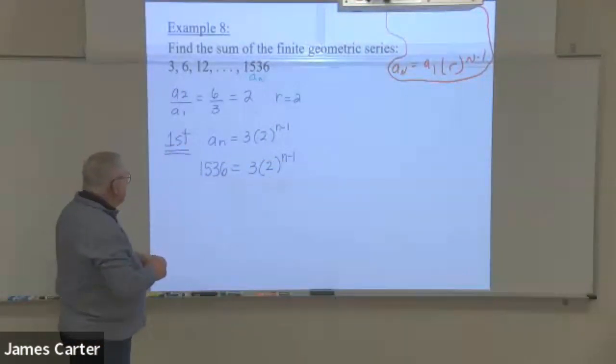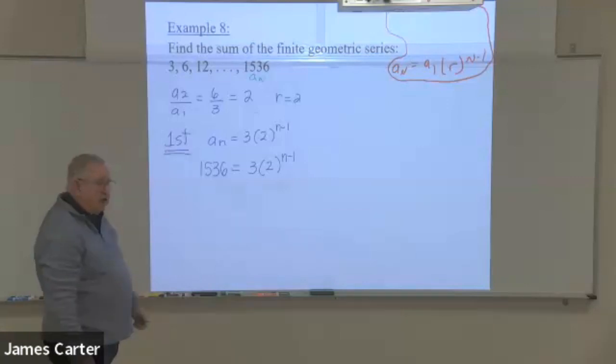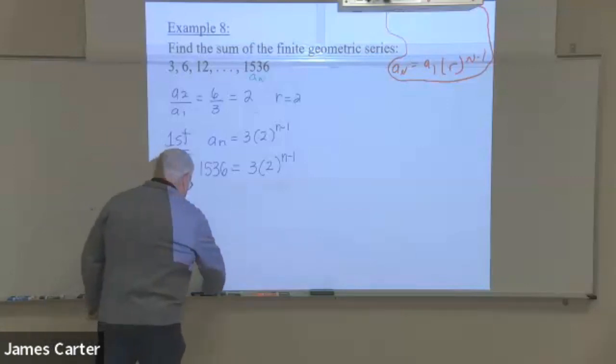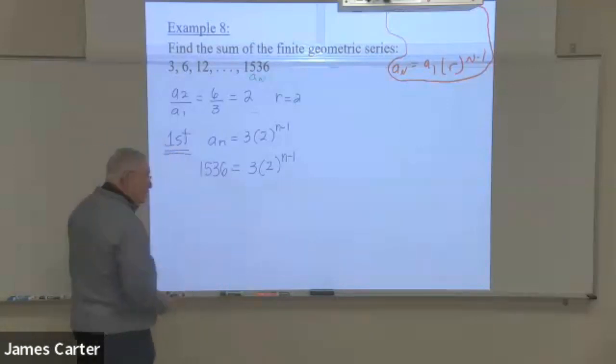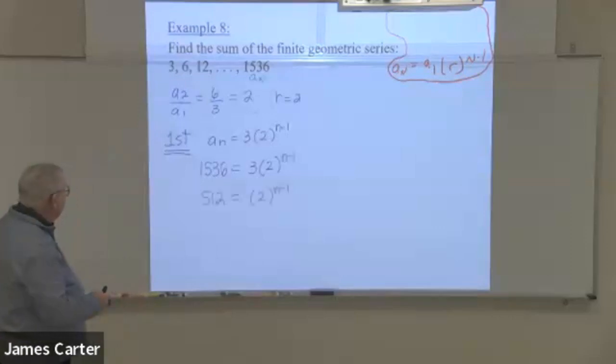Now, in this case, we need to manipulate it kind of like we've been manipulating exponential equations this semester. First thing I did was I divided both sides by 3. So I got a pure exponential equation.